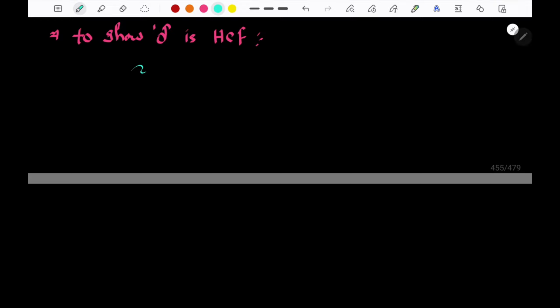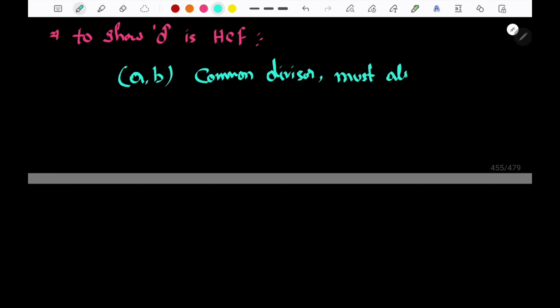say any common divisor of a and b must also divide the combination of ax plus by.